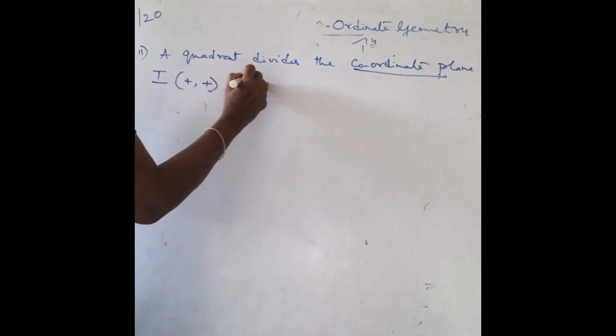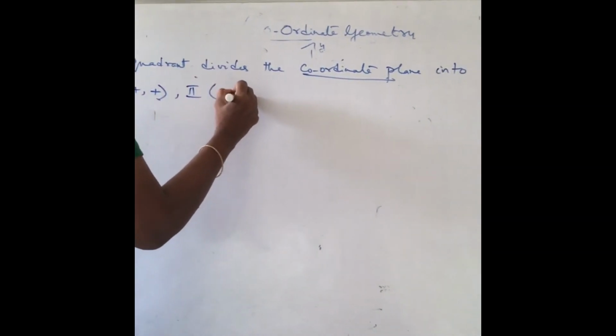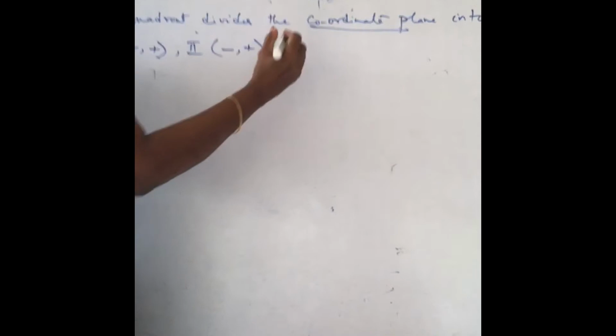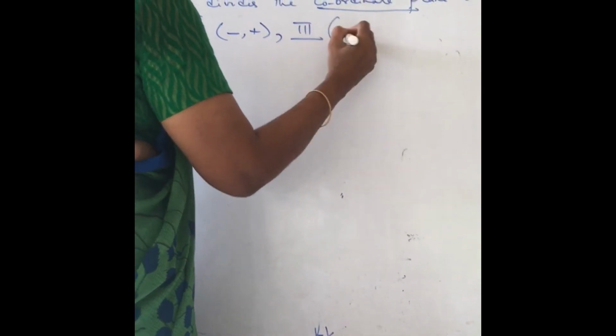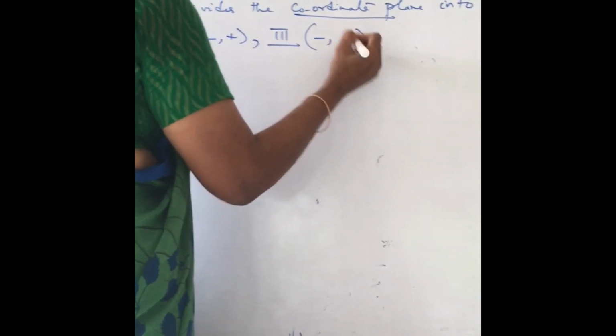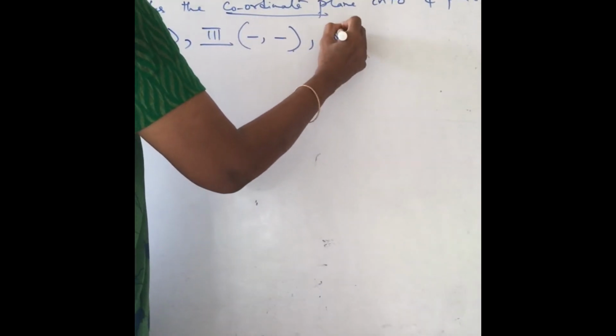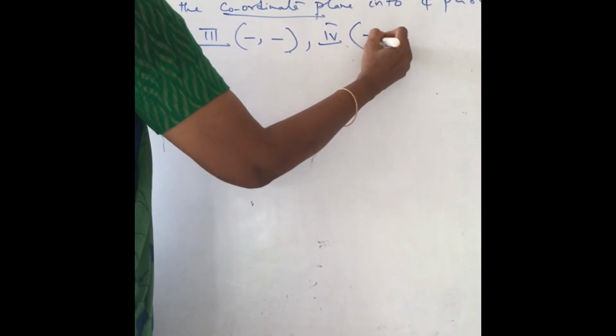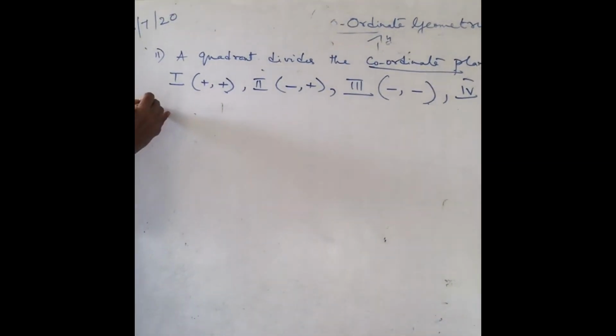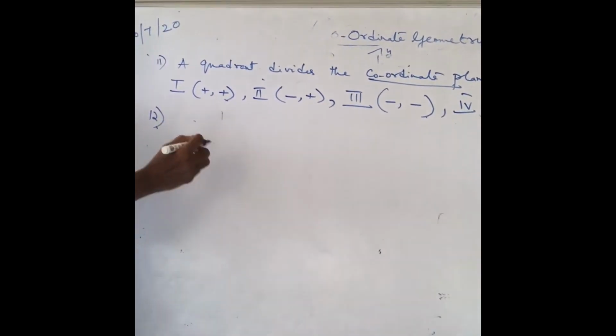In the second quadrant, x is negative, y is positive. In the third quadrant, x is negative, y is negative. And in the fourth quadrant, x is positive, y is negative. Yes?